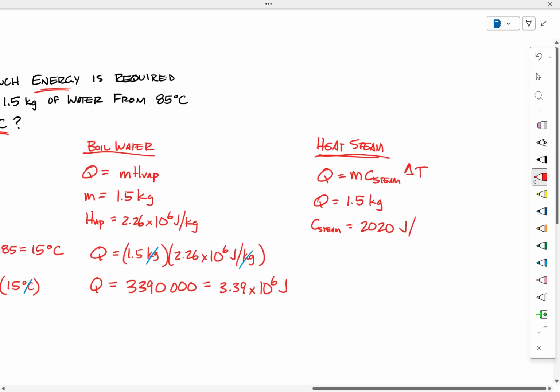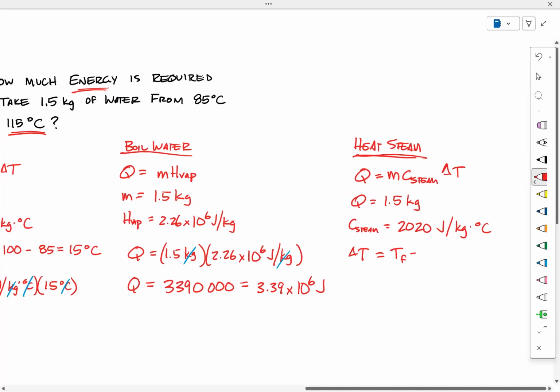The mass is still 1.5 kilograms. The specific heat capacity for steam, we look that number up, is 2,020 joules per kilogram and degree Celsius. And then the delta T for this, recall that we are at 100 degrees and that we want to get all the way up to 115 degrees in this problem.